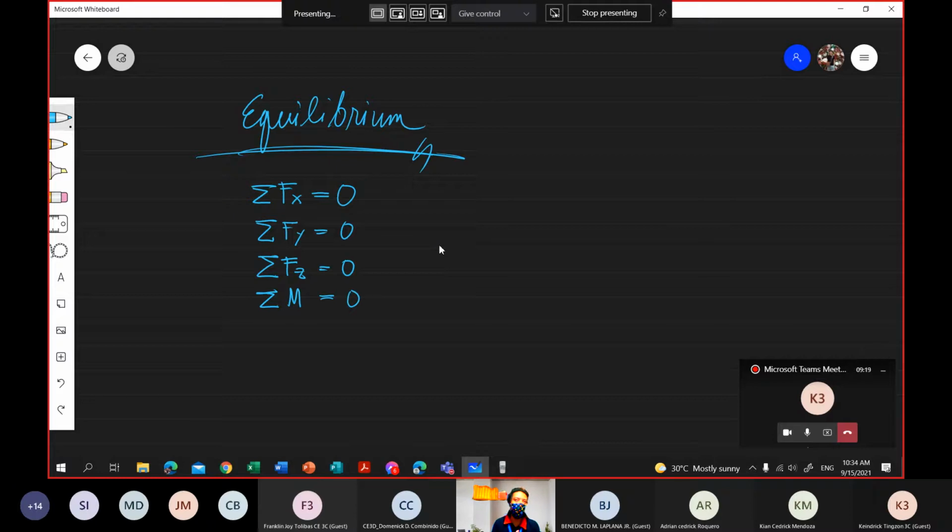Okay, so your body, or in other words your structure, is in a state of equilibrium only if these four equations are satisfied.